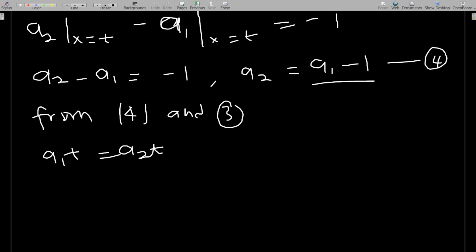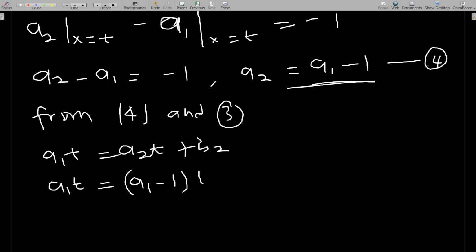So with this plus b2 and equation 4, if I put a2 in place, I have a1t equals (a1 minus 1)t plus b2. So I have a1t equals a1t minus t plus b2.